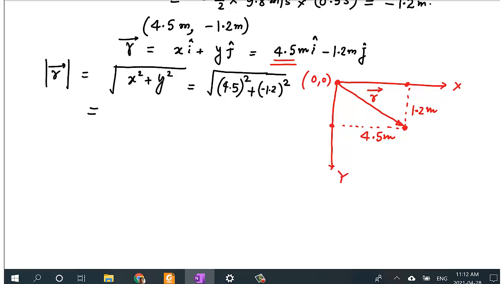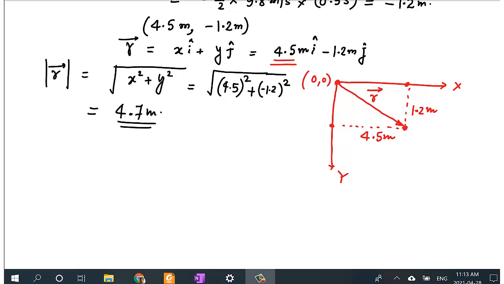If you calculate this, it will come to 4.7 meters. So the motorcycle is at a position 4.7 meters from the origin, on the downward side from the original position.